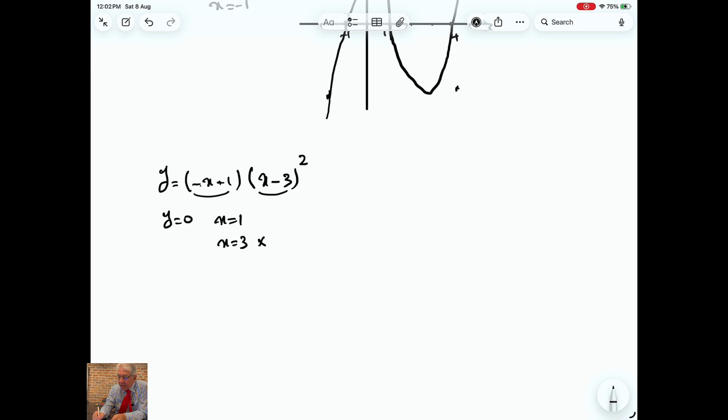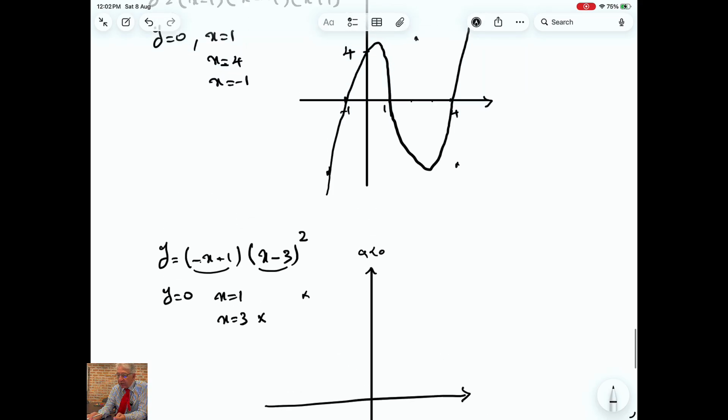Therefore your graph will start, since x cubed is negative, therefore a is less than 0, your graph starts from somewhere here, then finishes somewhere here. So we know this. Now let us try to check.